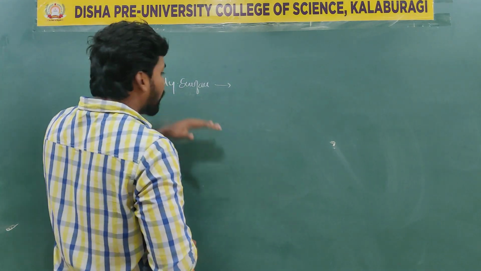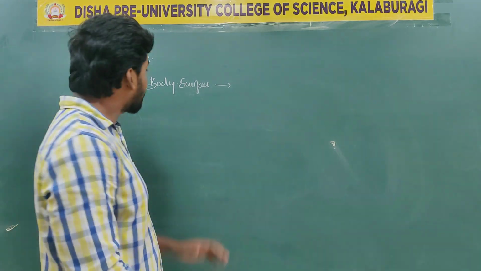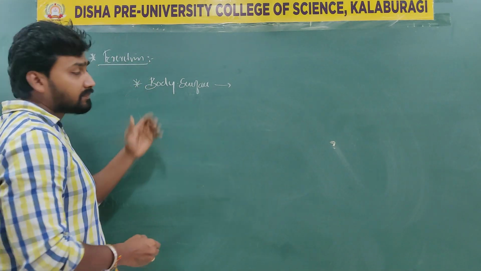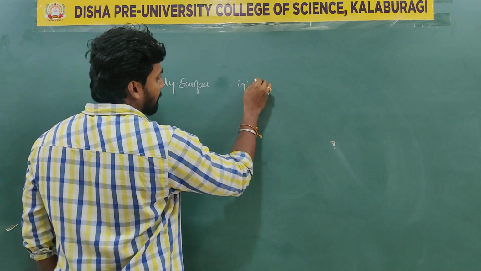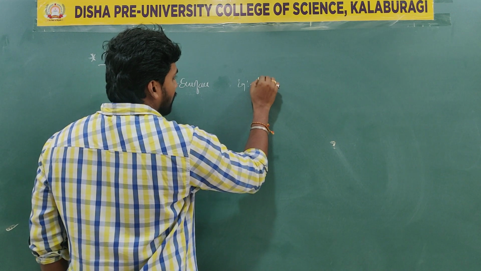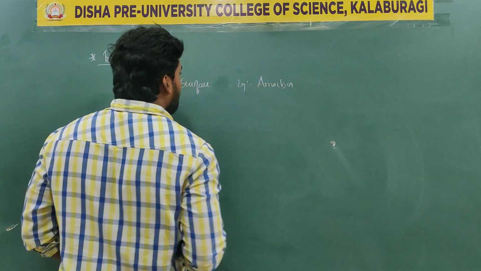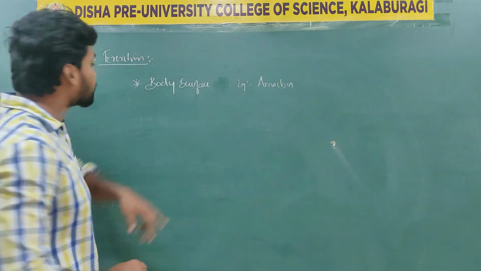With the help of the body surface only, they throw out the metabolic waste, so the body surface acts as an excretory organ. The best example you can make out is amoeba. Amoeba is the best example for body surface excretion.